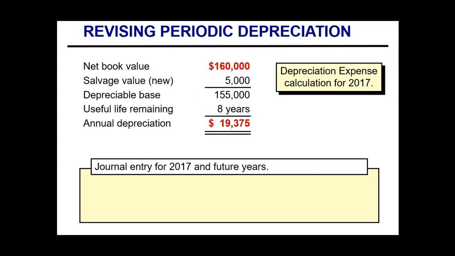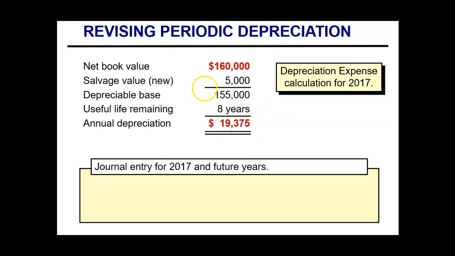Remember that they estimate the useful life to be a total of 15 years. Keyword being a total of 15 years. We've had the asset for 7 years already. Therefore, there's 8 years remaining on the asset's useful life.